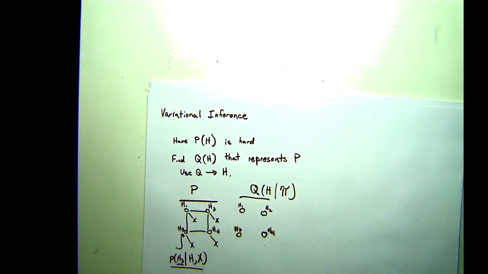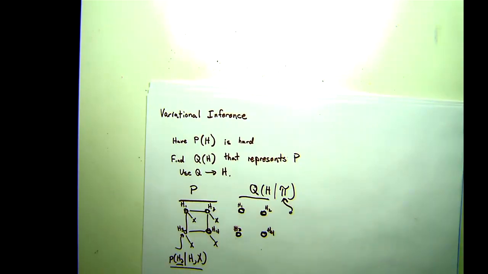Now the key is that each time we do inference, each time we get a new image, we're going to choose a new set of parameters for these Q values. And those parameters are going to be chosen such that the output of P, if we knew it, if we could calculate it, will be close to the output of the Q's.